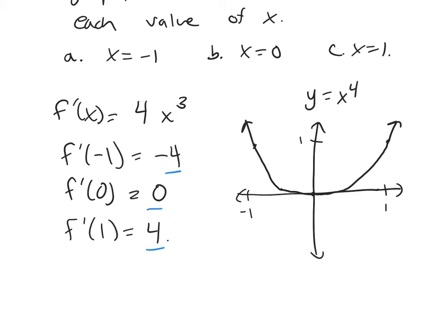If I look at the tangent line at x equals -1, the line's going downwards, so the slope would be negative. Here at 0, the tangent line would be horizontal, the slope would be 0, and then here, my tangent line would be going upwards, the slope would be positive.